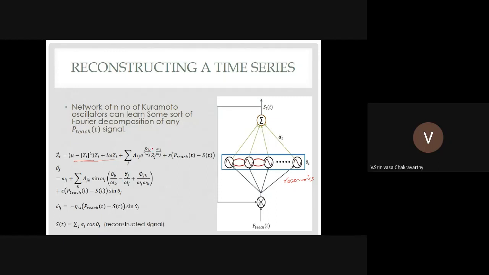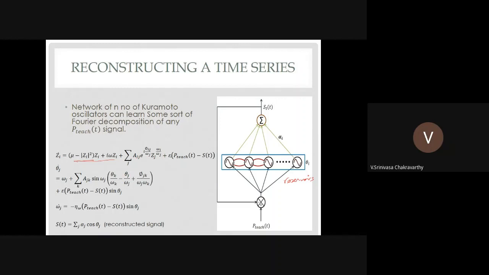It's not exactly a phase difference, but there is an angle parameter that defines the relationship between the ith and jth oscillator, divided by omega j. Omega j is the frequency of the oscillator from which this input is coming. Okay, and then multiplied by zj, which is the state of the jth oscillator, raised to the power omega i by omega j. Omega j is the native frequency of this oscillator, and omega i is the native frequency of the other oscillator.